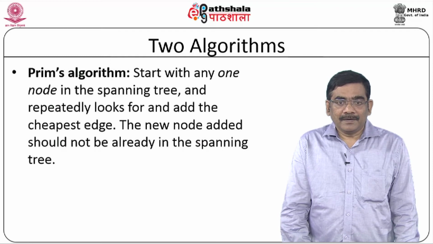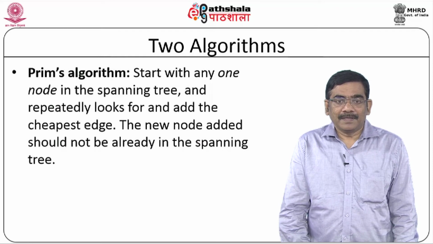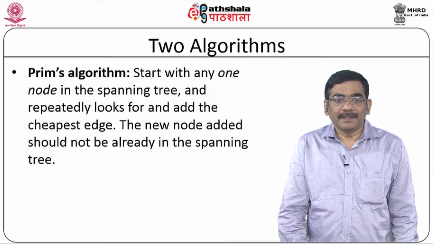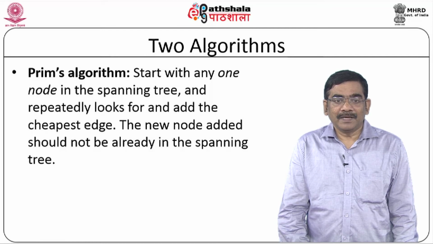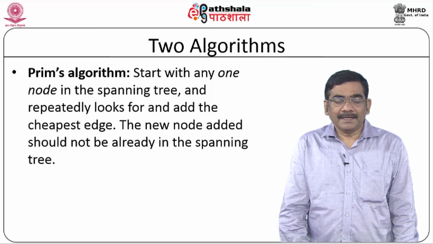The other prominent algorithm is called the Prim algorithm. Here we start with any node in the spanning tree, and again we are looking for the cheapest edge. The criteria is that the new node should be an unexplored node.